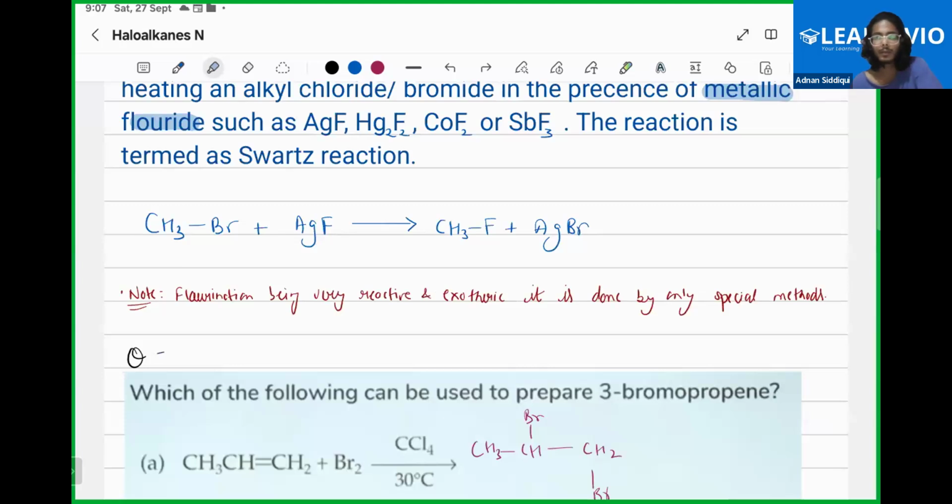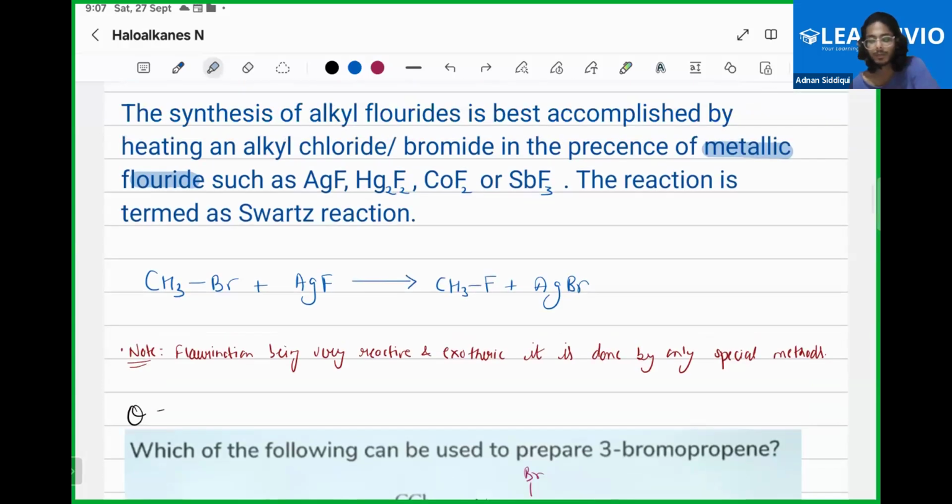They might ask why we need it specially when we prepare chlorinated and brominated haloalkanes by simple methods. Because it is hard to handle fluorine, as it is very reactive. So with this special method, we can prepare alkyl fluorides without any harsh consequences.